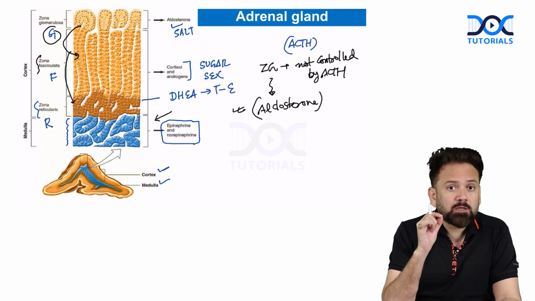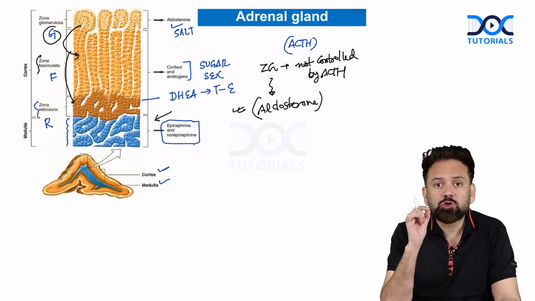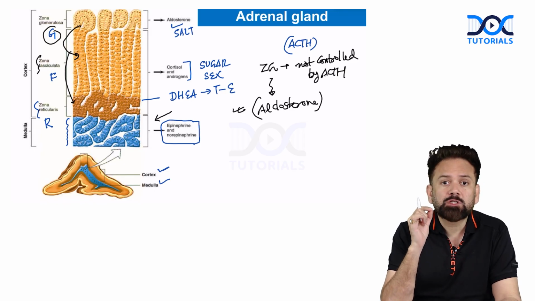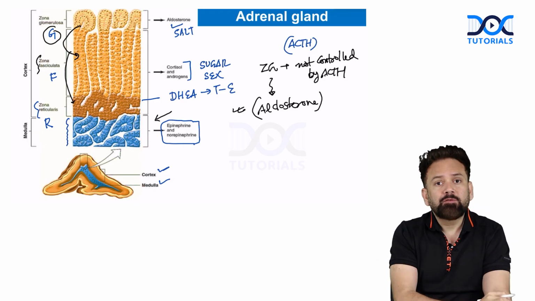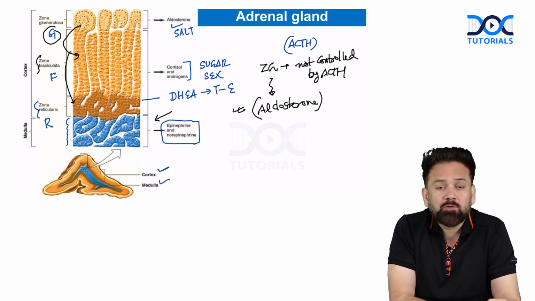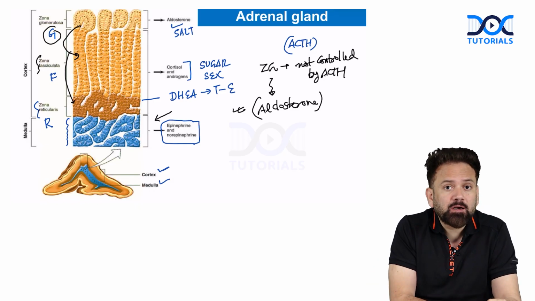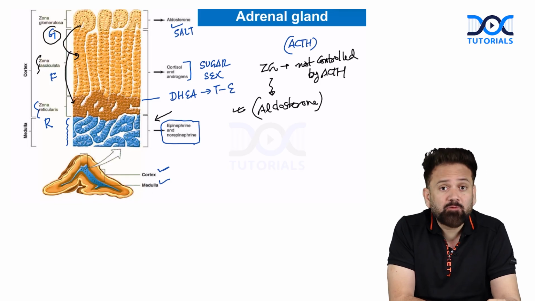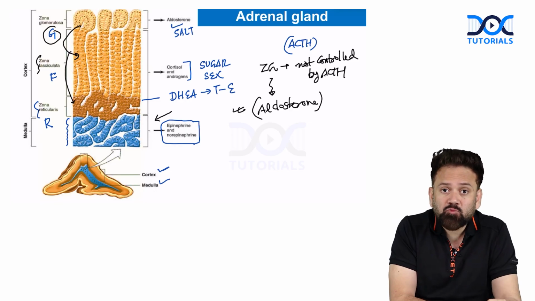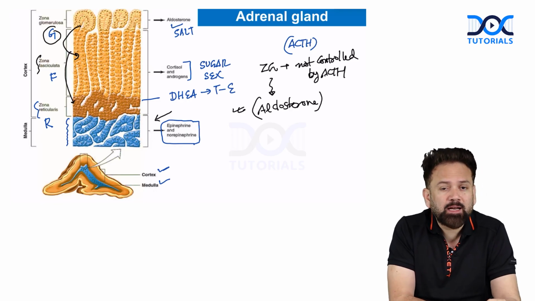Then we discussed that the primary rise in aldosterone is called Conn syndrome. In Conn syndrome, we had hypertension, and because of the increase in aldosterone, there was suppression of the RAS. So renin was less, and the patient was having hypertension, and this was treated by the aldosterone antagonist spironolactone.